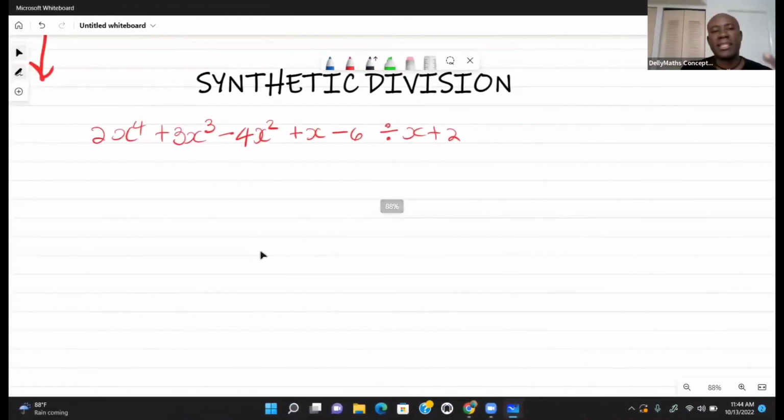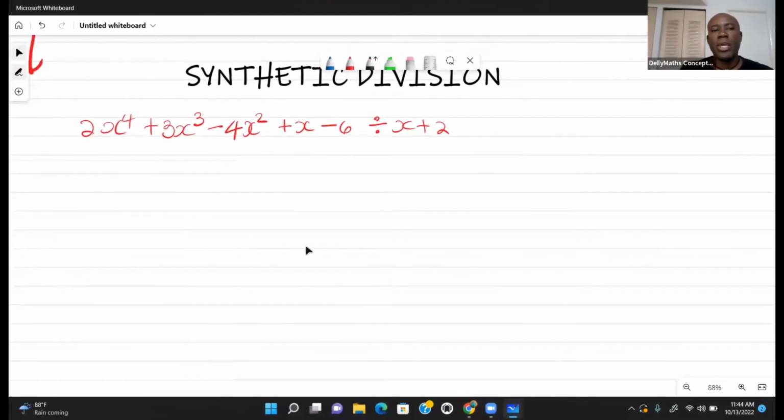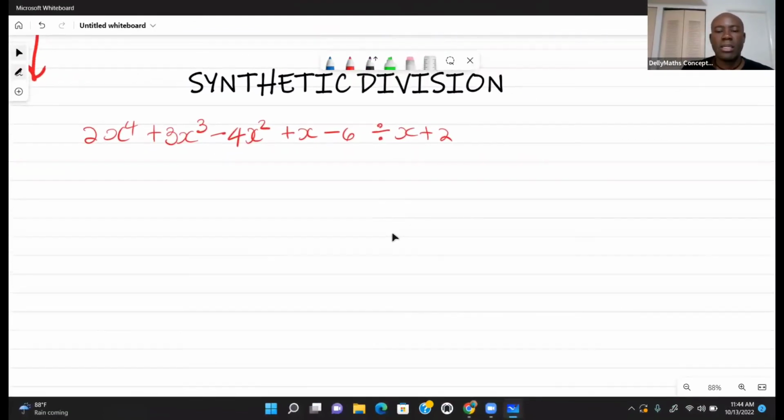Now, in synthetic division, what we are doing is slightly simpler. We're going to take the coefficients of the terms. So we're going to take the 2, the 3, the negative 4, the 1, and the negative 6, and we're going to use those. All right, so let's set this up.